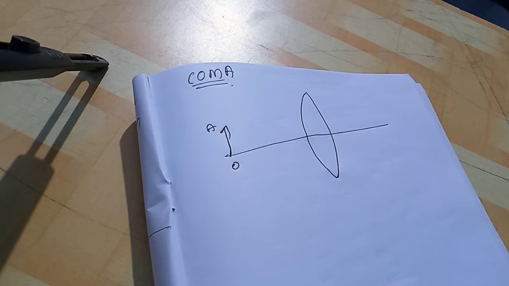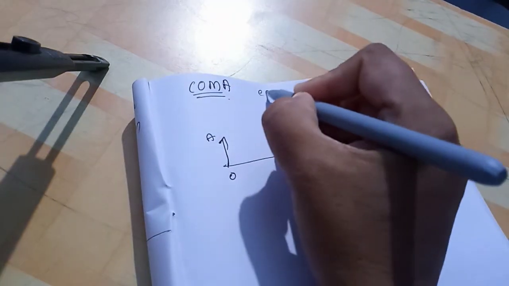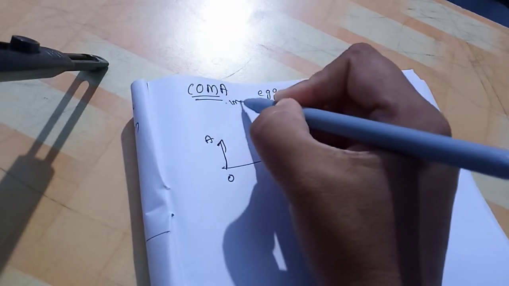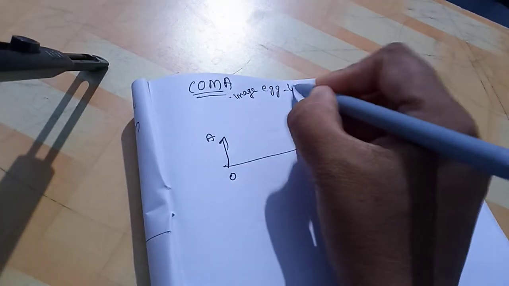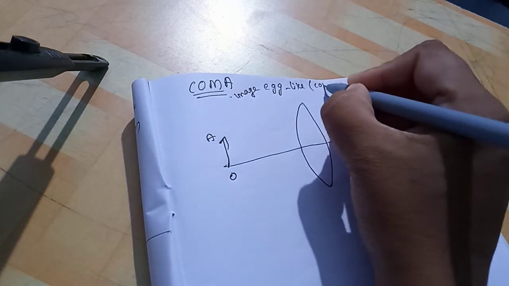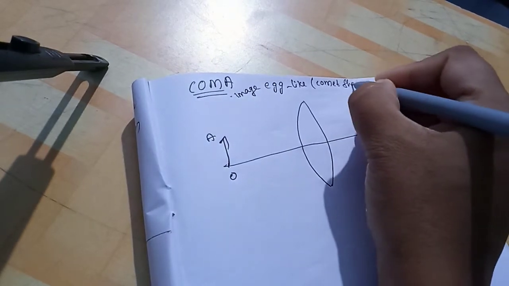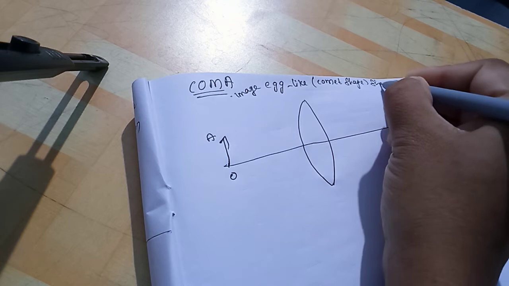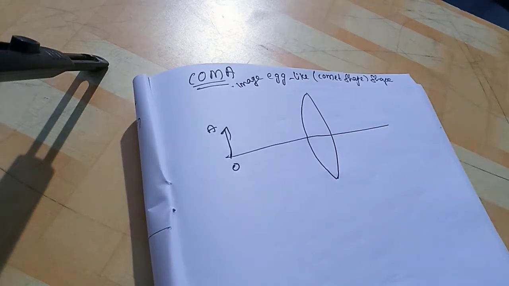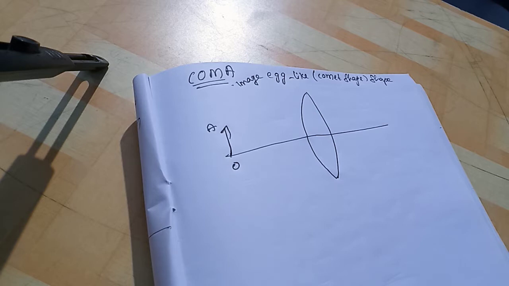When the object is slightly far off the axis, the image of a point object formed by the lens is found to have an egg-like shape or comet shape. By seeing its shape, it is known as coma.